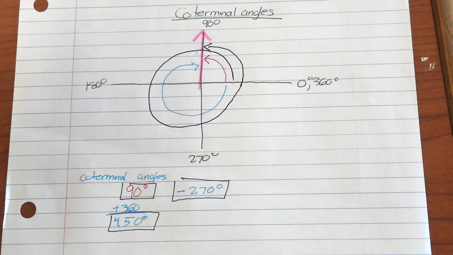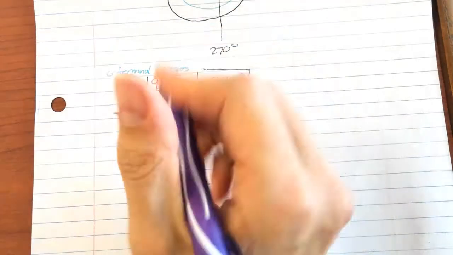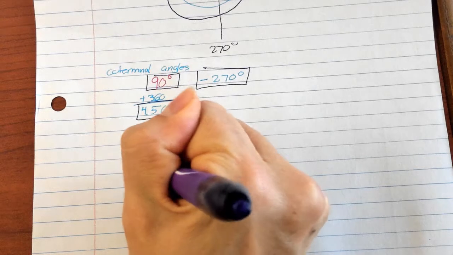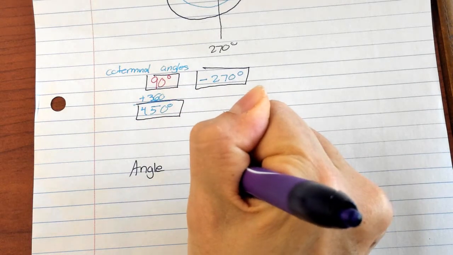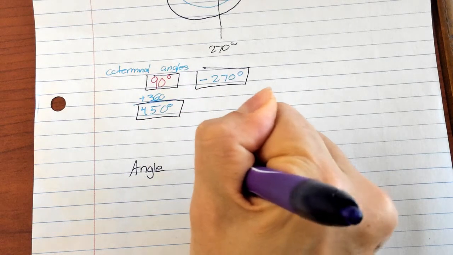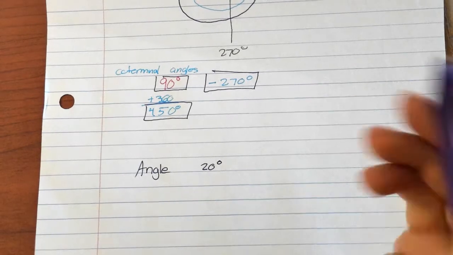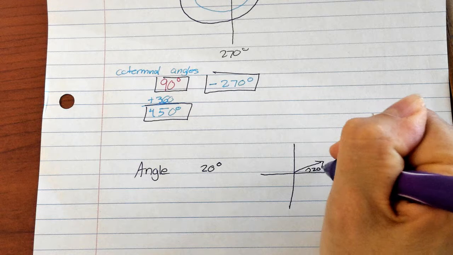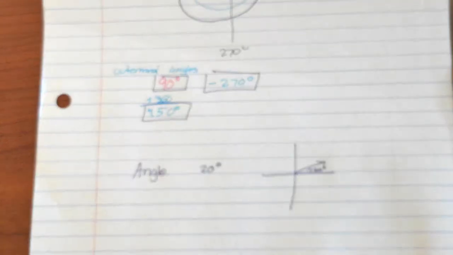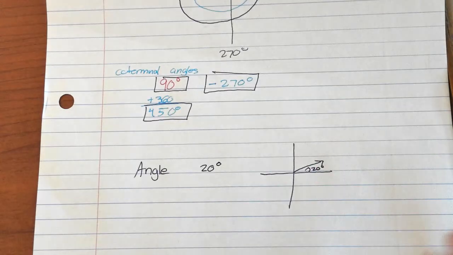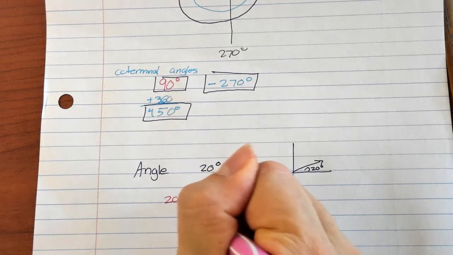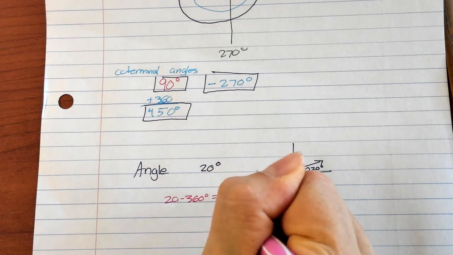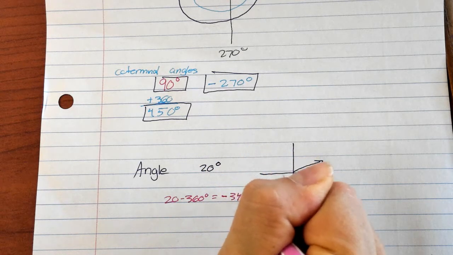So an example, besides that one, is if I have an angle of, let's say, 20 degrees. So that angle would be about here. This is 20 degrees. So coterminal, I can go in the negative direction, which would be 20 minus 360, or negative 340.